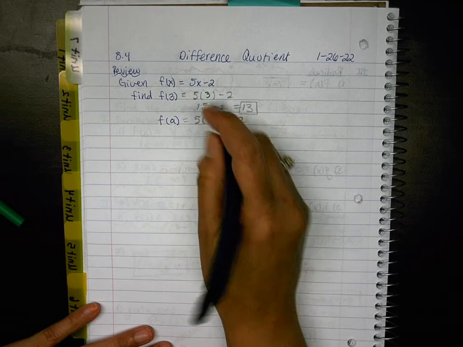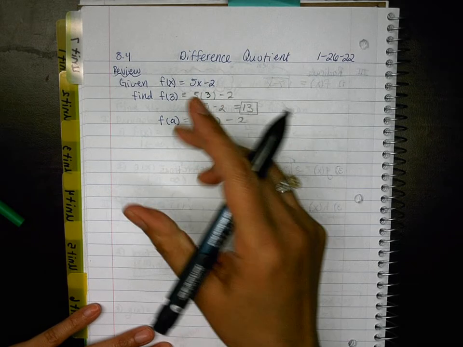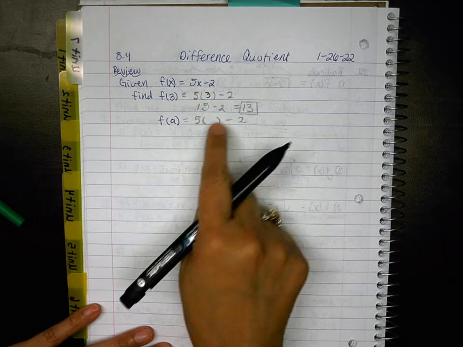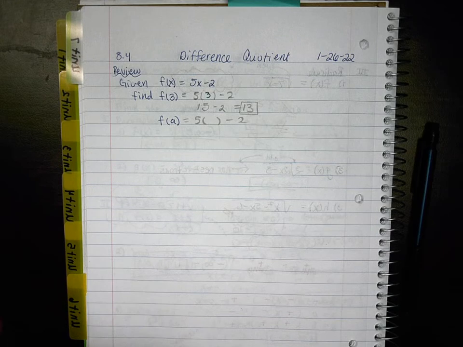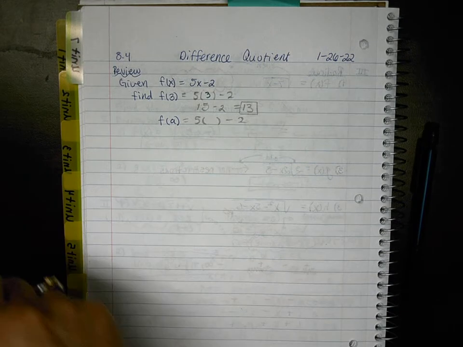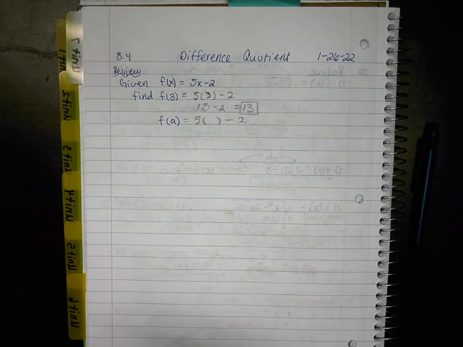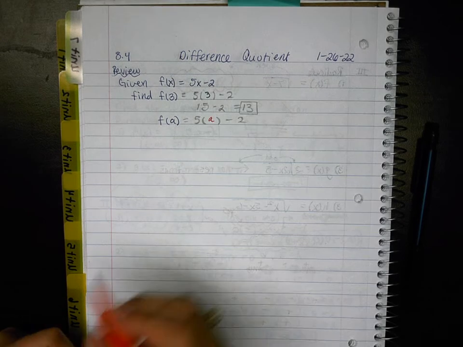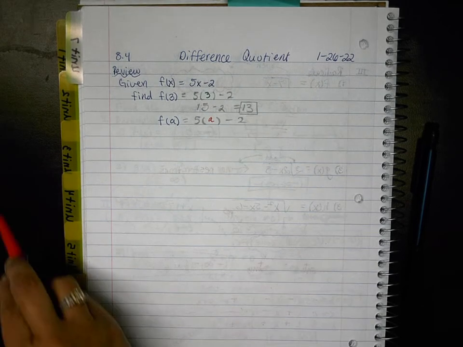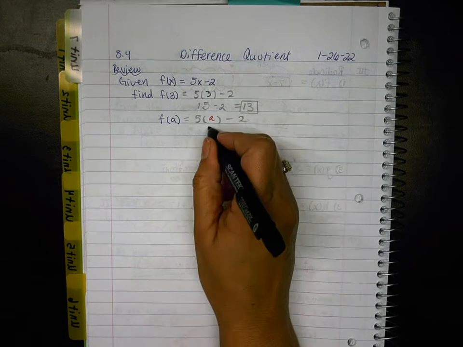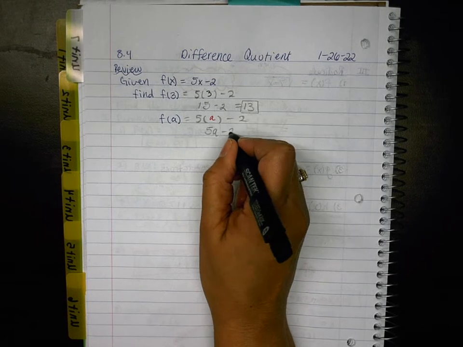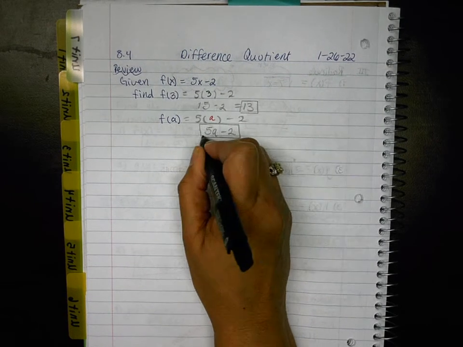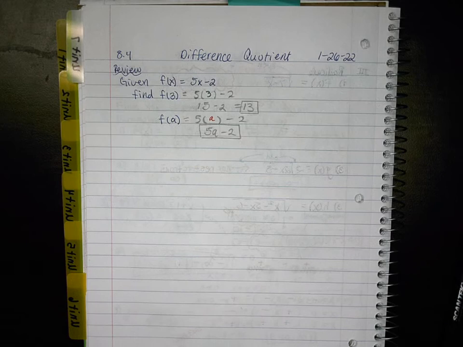We're going to do that a lot, set up the function with blanks wherever x is. In this particular problem, we are plugging in a. 5 times a is 5a, and 5a minus 2 are not like terms, so that's as far as I can go. Questions?